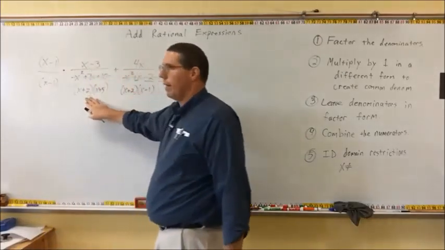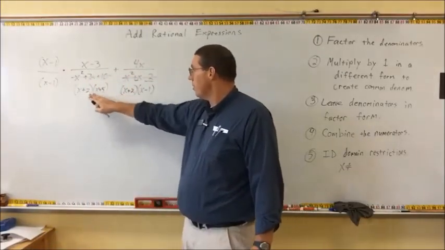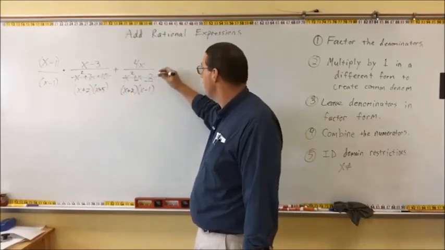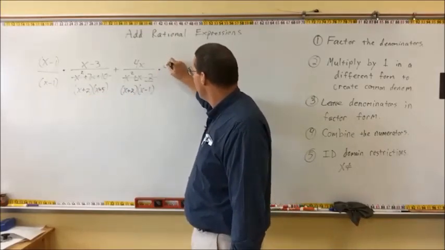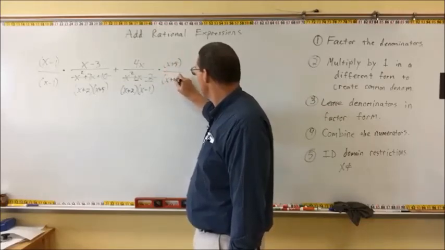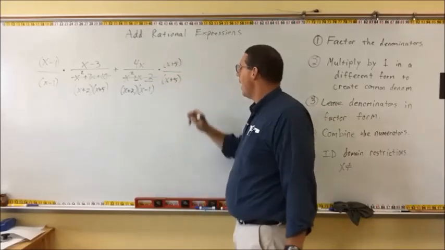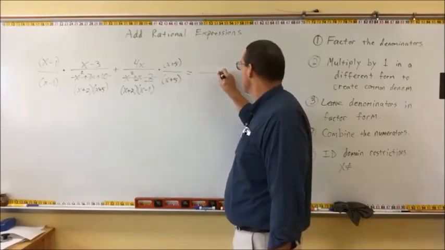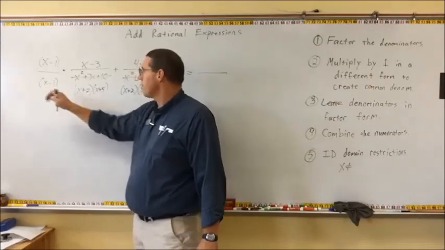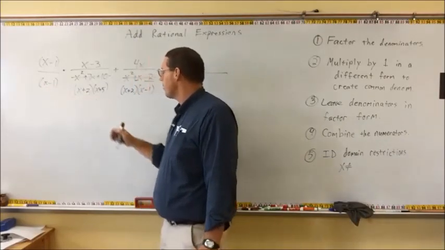What does this denominator have that this one doesn't have? Well, this denominator has an x plus 5, and this one does not. So we're going to multiply over here by x plus 5 over x plus 5. And now we can carry this stuff over. Now we have three factors in the denominator: x minus 1, x plus 2, and x plus 5.